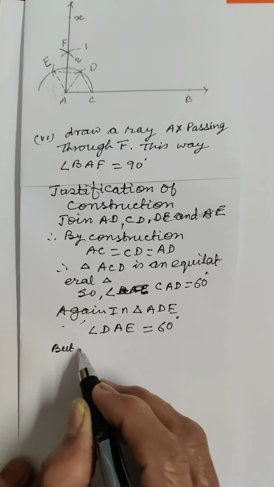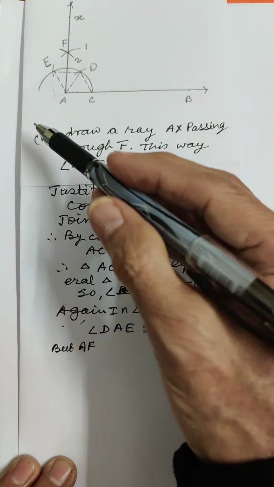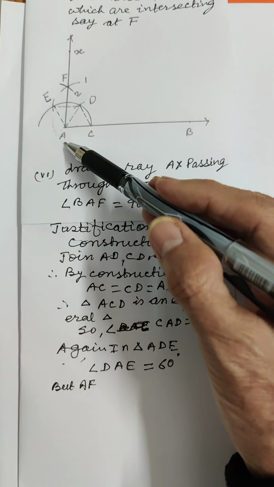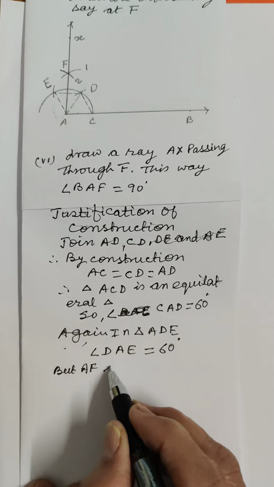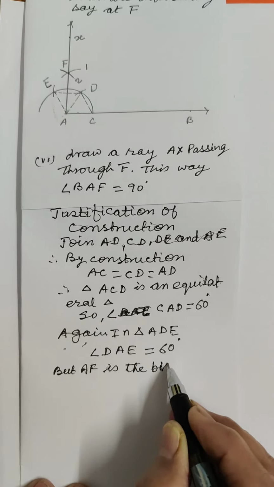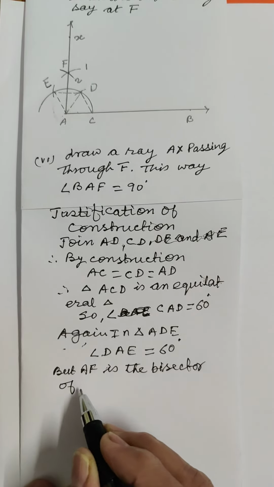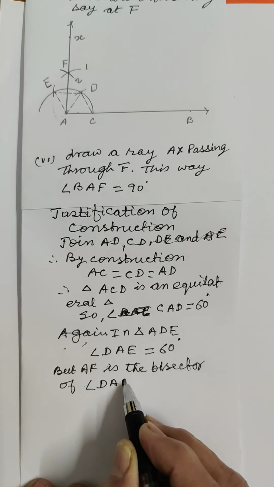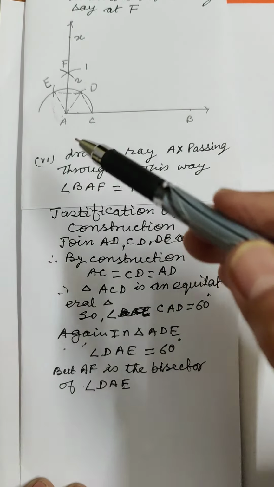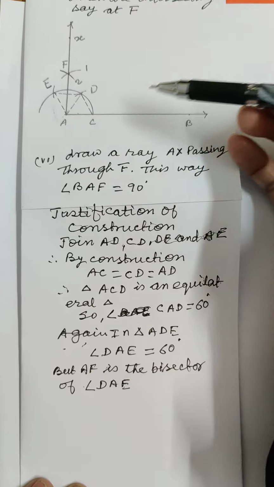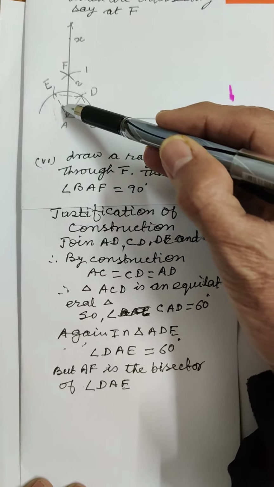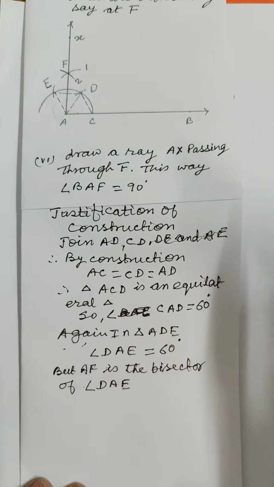But AF is the bisector of angle DAE. These two angles are equal, so each angle is of 30 degrees.